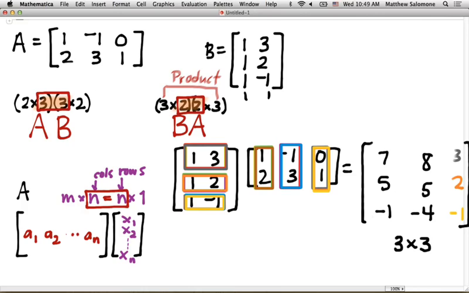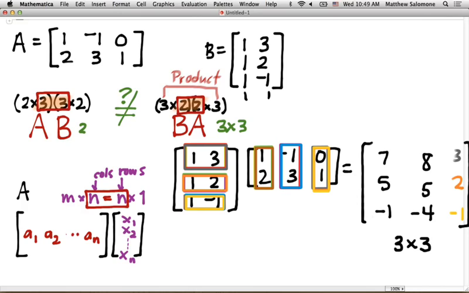But what can we say about whether or not these products are equal? We said that in general matrix multiplication is not commutative. But how can we be absolutely sure that these products are different? Yeah. BA was a 3 by 3 matrix.